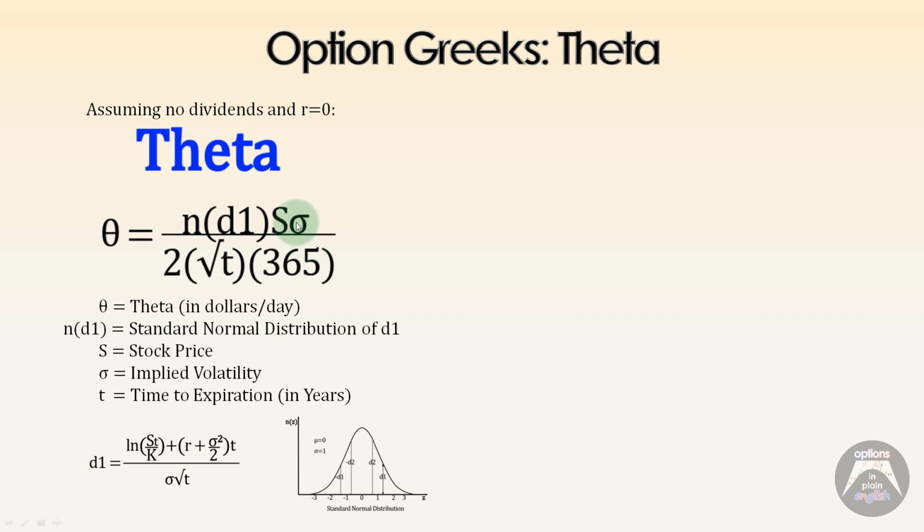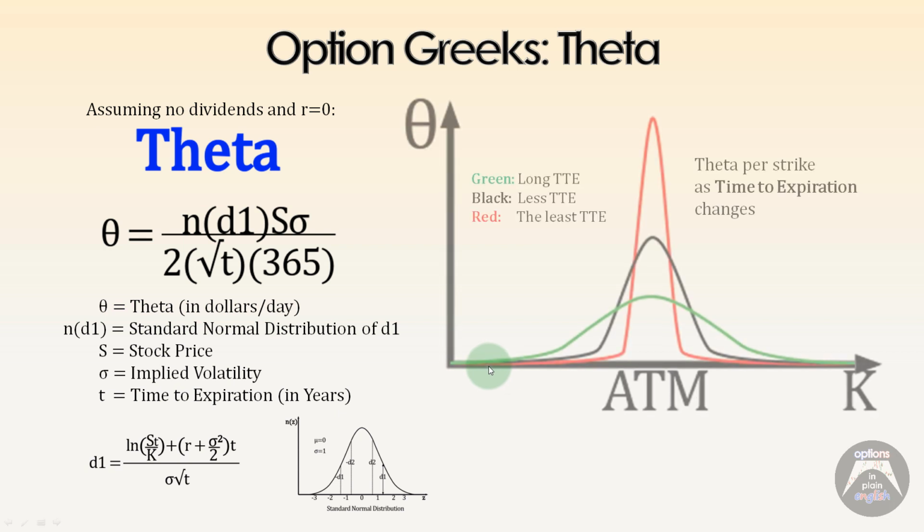And if the option premium is high, then the theta has to be higher as well. It's inversely proportional to the square root of time, and that makes the curve or the graph for theta have a very special shape, and we're going to analyze it here.